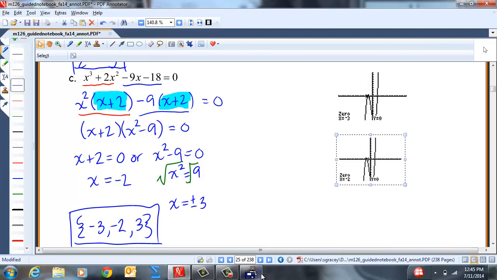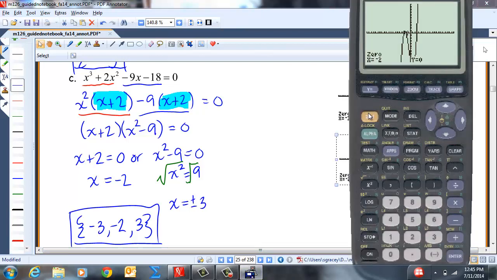And then for our last one, go to second, calculate, 0. Oh, whoa, whoa. All right. So you see y is negative here. Cursor to the right till it's positive. Hit enter.